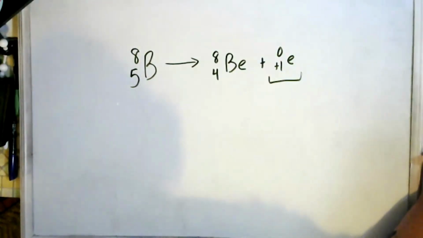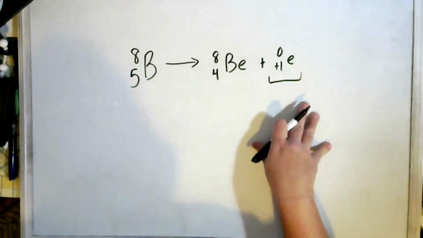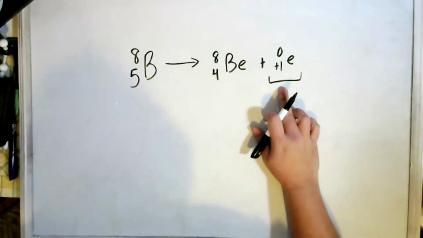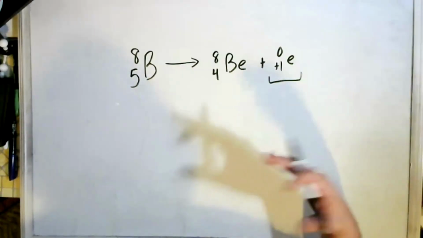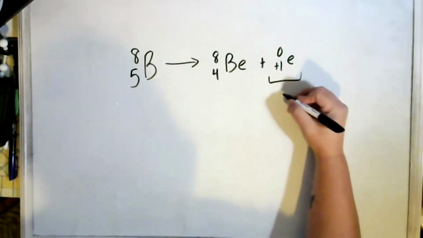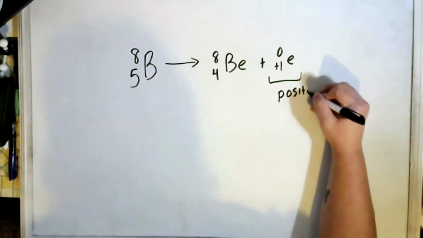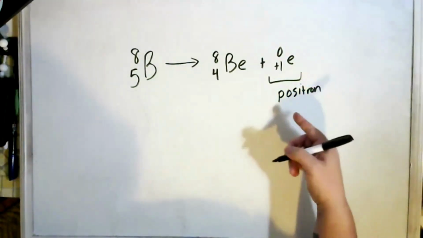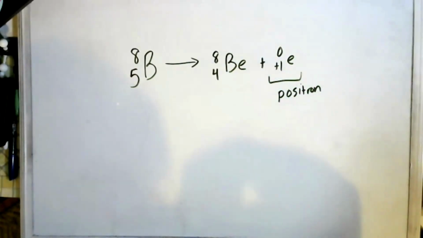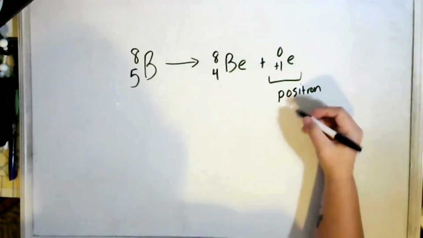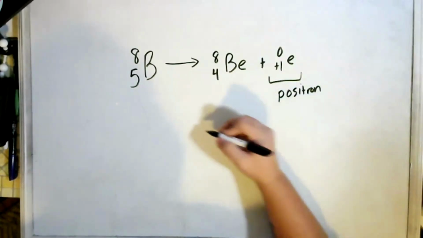And knowing the identity of that particle answers this question, because remember that the type of nuclear decay, the class of nuclear decay, is going to be based on the radioactive particles that are involved in the process. So here, this is a positron. And so this type of decay is called positron emission.